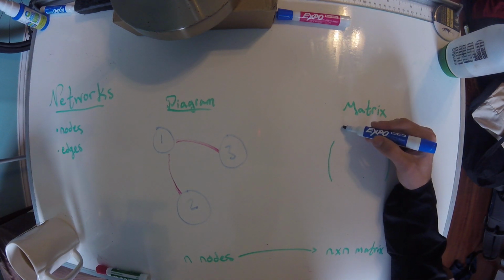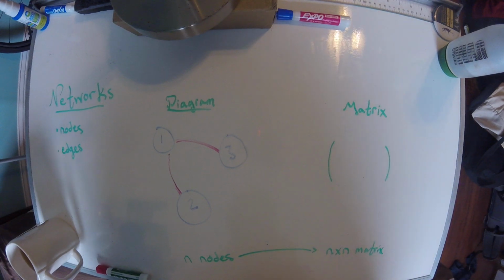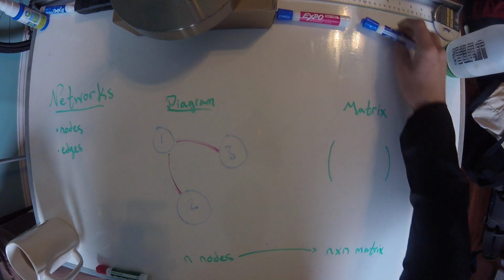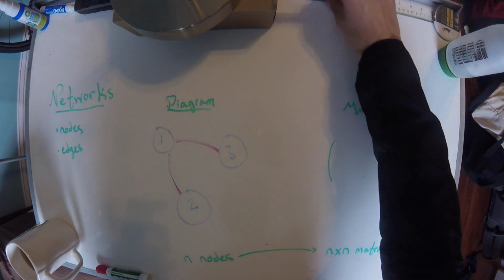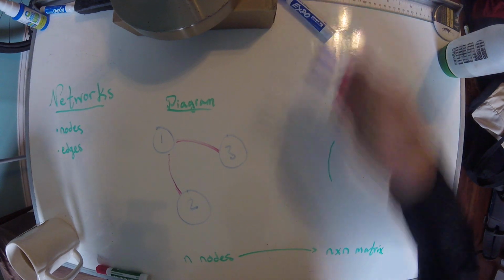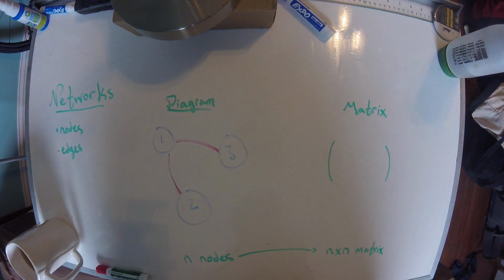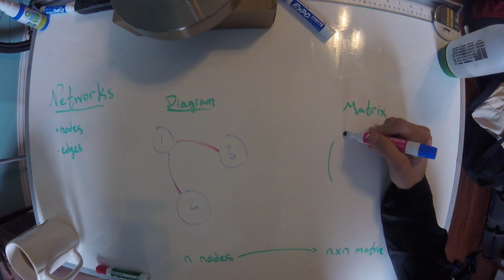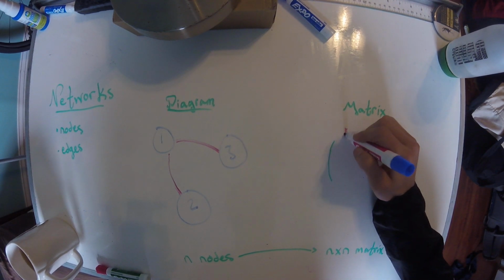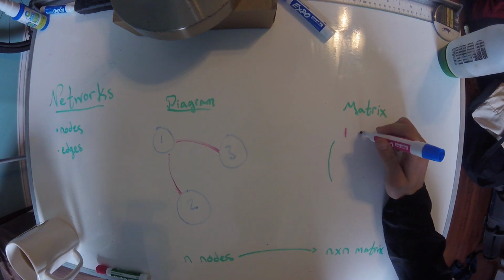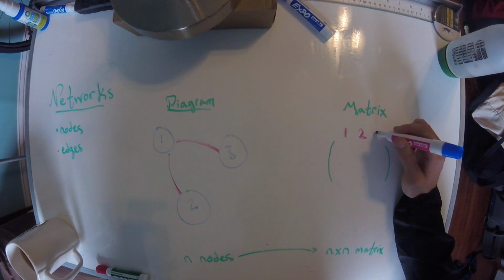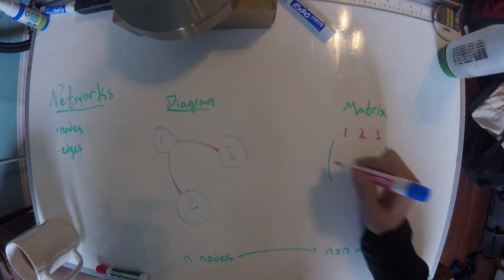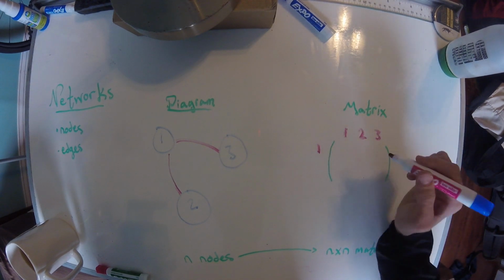So let's go ahead and do, let's use a pen that works, first of all. That might be a good starting point. Let's say we have node 1, node 2, and node 3. Those are the 3 columns. And then we also have a row.